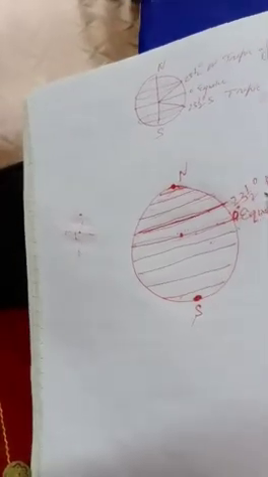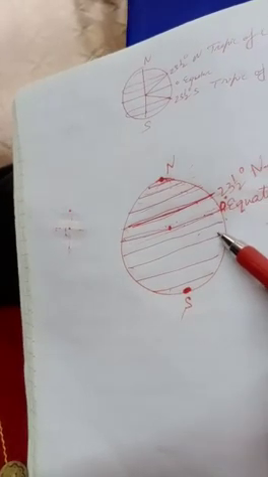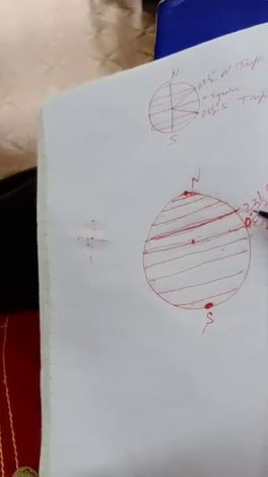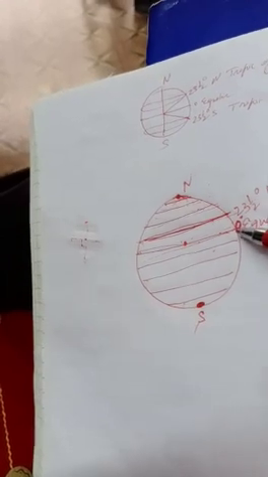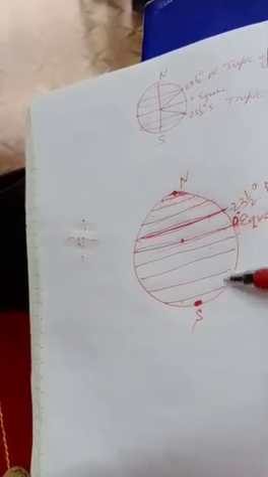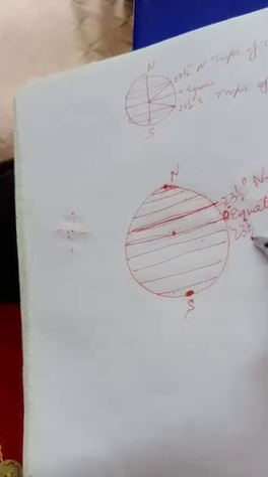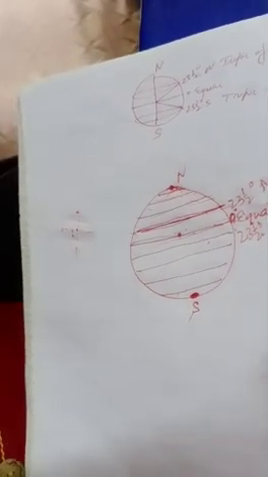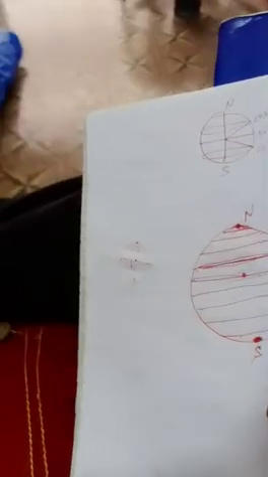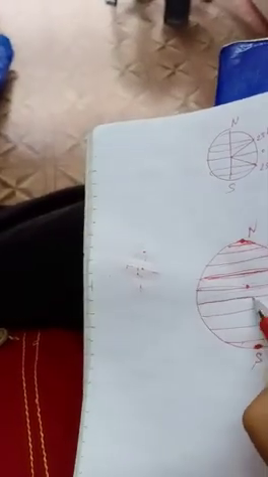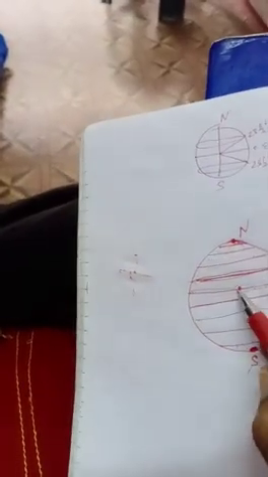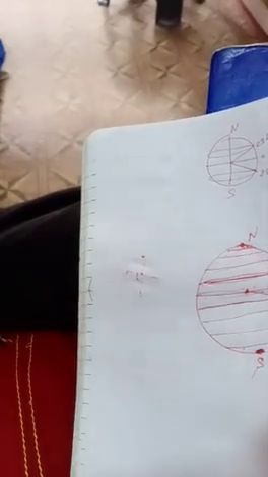Another important latitude is the Tropic of Capricorn. If we move away from the equator in the south direction by 23.5 degree, here.